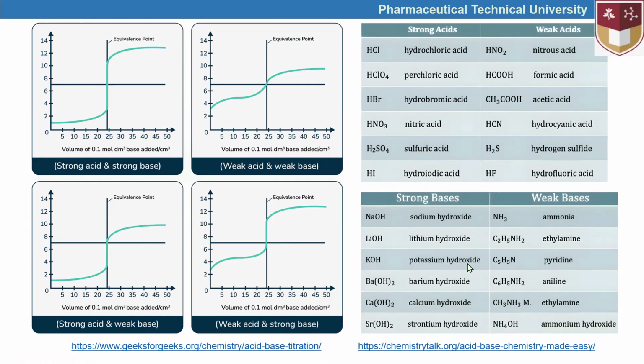which means that alkali are the strong types of bases that are ionized completely. So this can be a kind of linkage between the strong bases and alkali. Okay, and the weak bases can be ammonia, ethylamine, pyridine, alanine, amine, ammonium hydroxide, and these are the examples of weak bases.